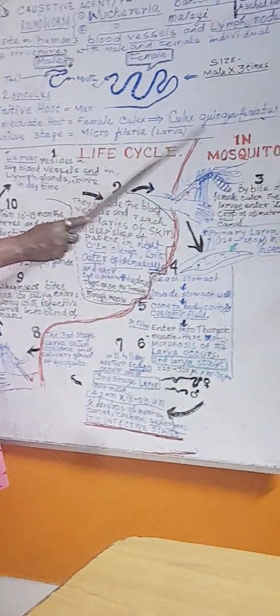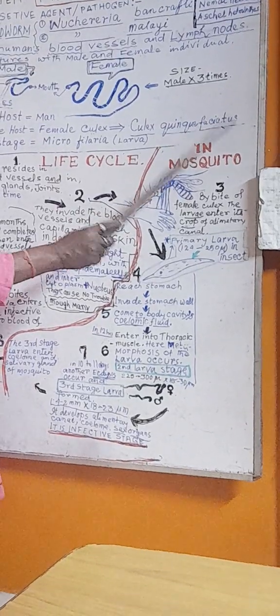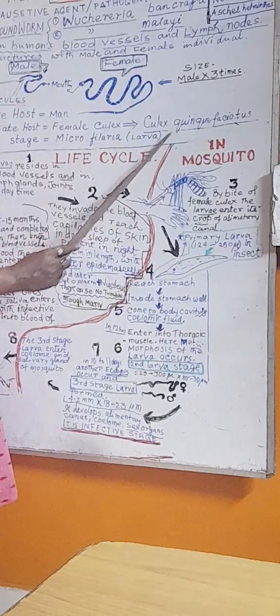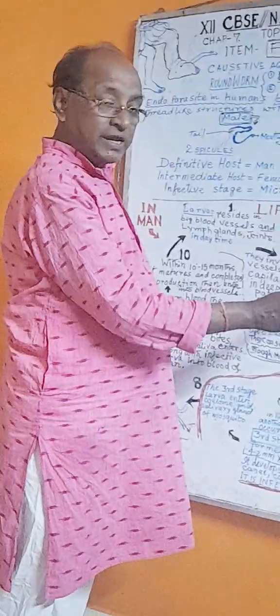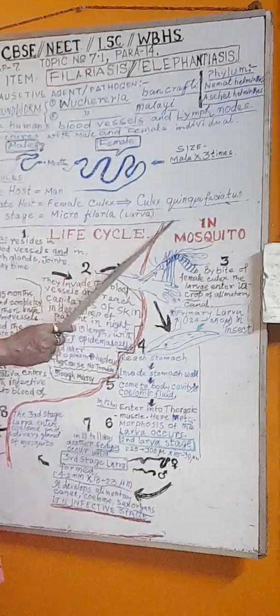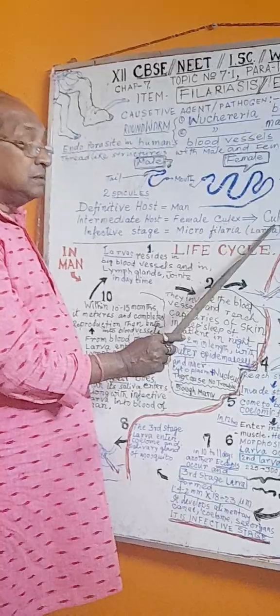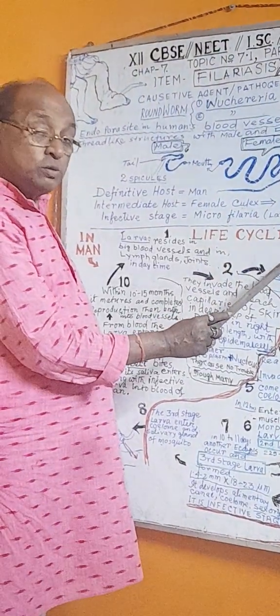This Culex is scientifically known as Culex quinquefasciatus. It should always be underlined when writing in your answer script, and if you do not underline it, two marks will be deducted.